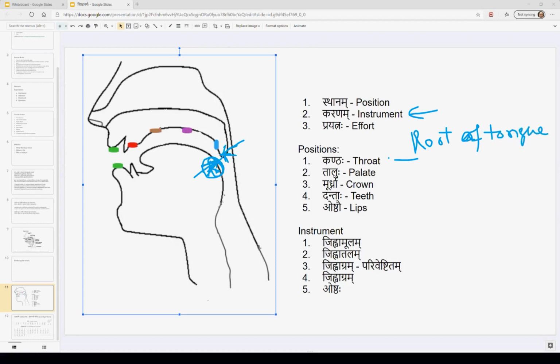And in Sanskritam, tongue is called Juha, and root is Mula.